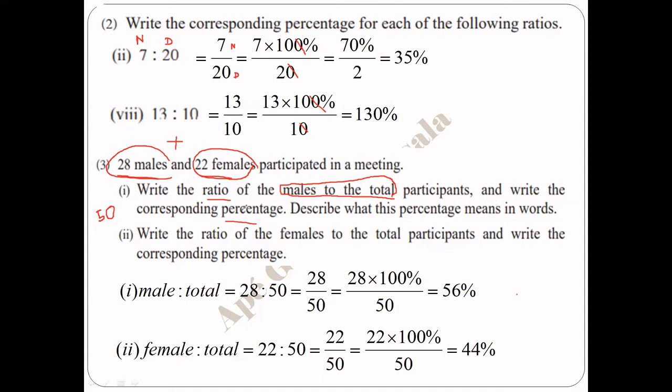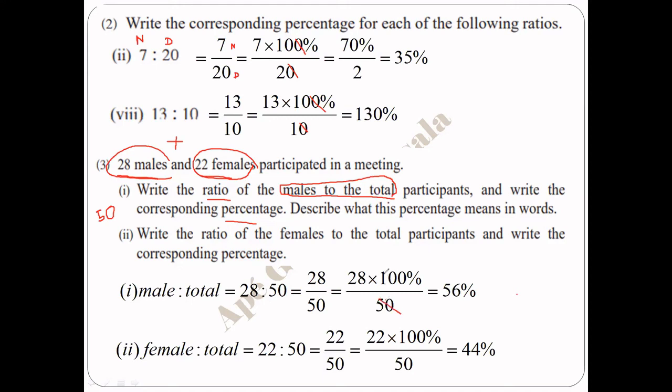And write the corresponding percentage. Now this is the ratio. So the numerator is the first number, that means 28. The denominator is the second number, 50. 28 over 50. Any fraction can be converted by multiplying by 100%. So 28 over 50 multiplied by 100%.